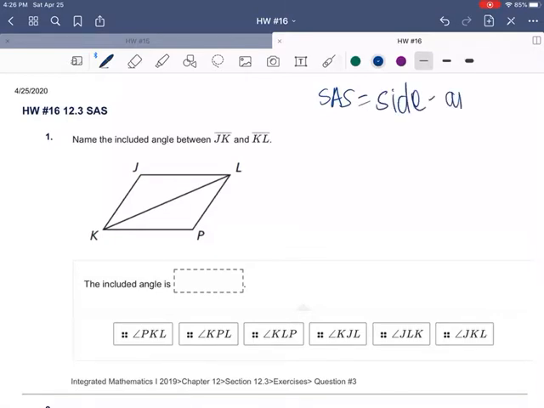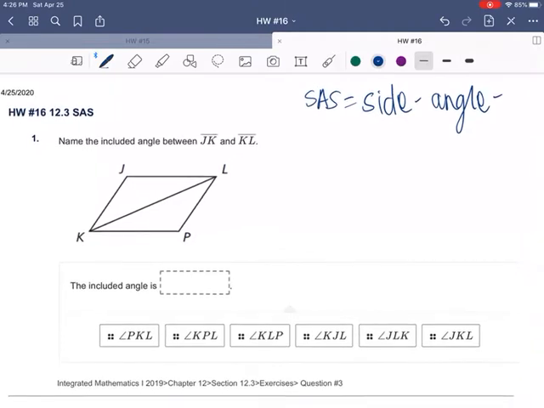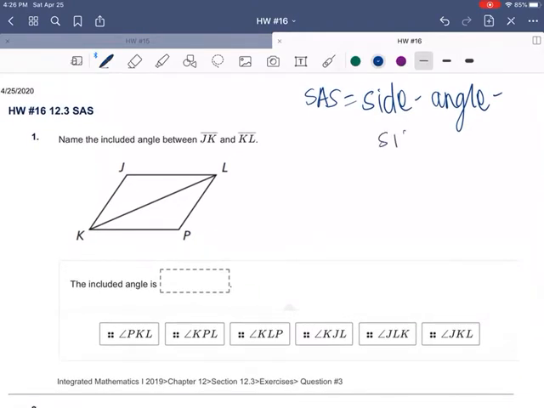That stands for side, angle, side. And what we know is if you have 2 triangles where the side, the enclosed angle, and the side match a second triangle, then you know the triangles are the same size, have all the same lengths, all the same angles.